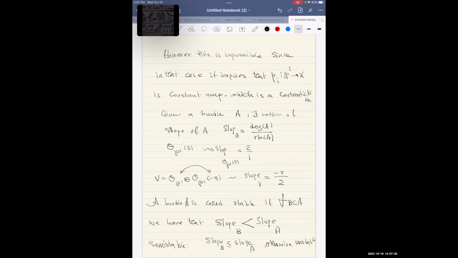Okay, so this is the notion of stability of vector bundles. It has to do with degree divided by rank.